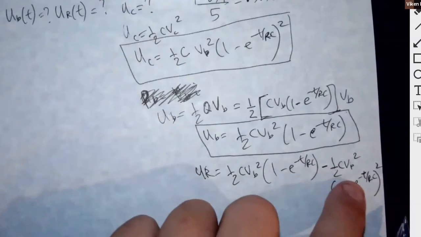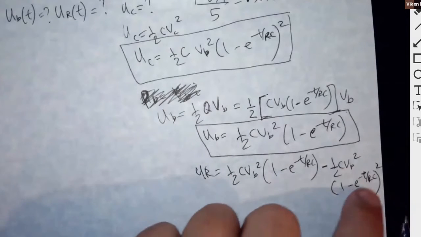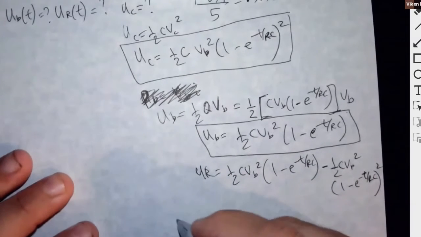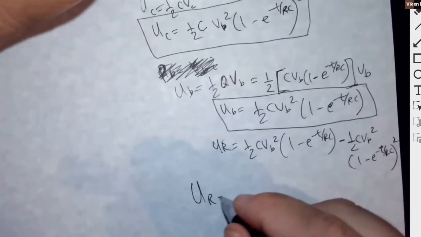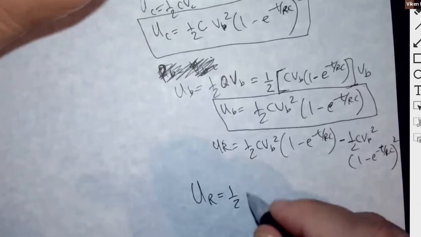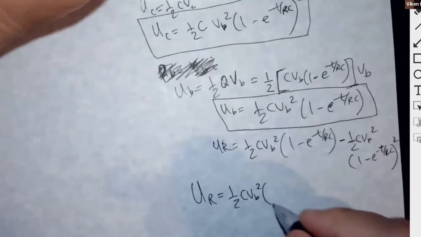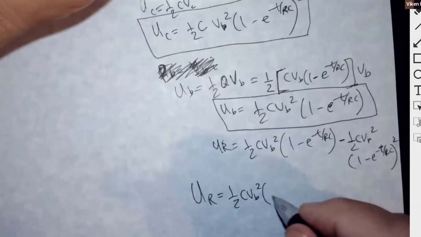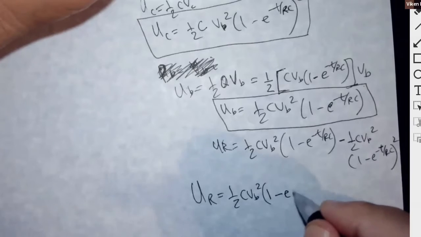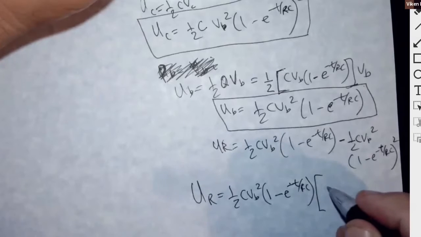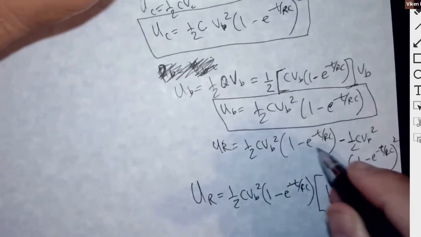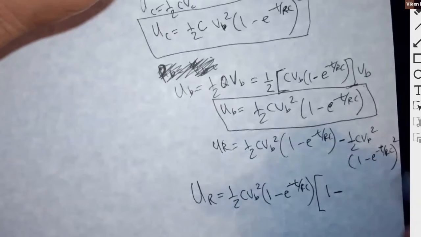Right, so then you can factor out one of these, then you get the energy lost in the resistor is going to be half CVB squared times (1 minus e to the minus t over RC). When I factor this out, you get a 1 minus one of these, 1 minus e to the minus t over RC.